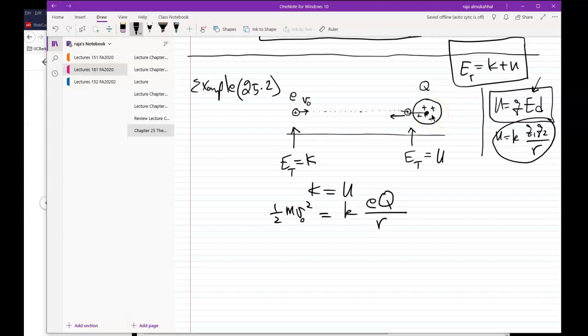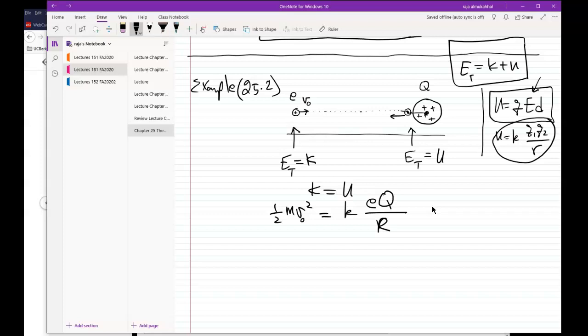From here to the center of mass of the proton. Of course, the proton is only roughly 1 femtometer in diameter, where this one is a whopping 1 millimeter. It's a huge object compared to the size of the proton. So for all practical purposes, we just take the radius of the sphere as the distance, okay? So I'm going to call that big R the radius of the sphere, okay? And that's it. We're basically done with the problem.